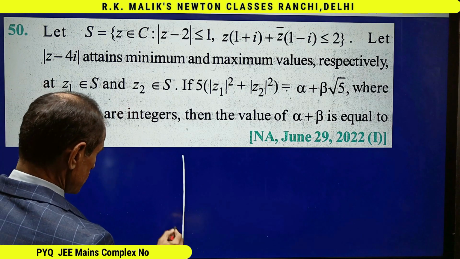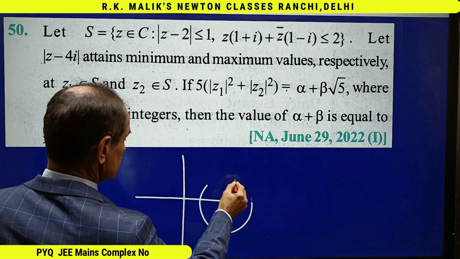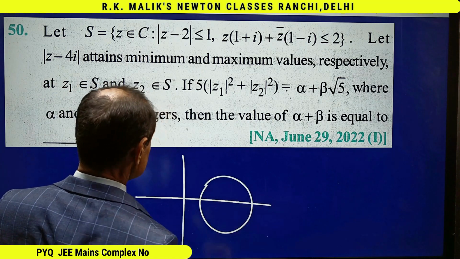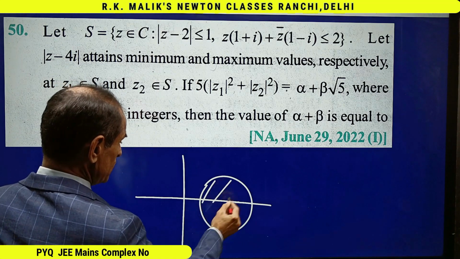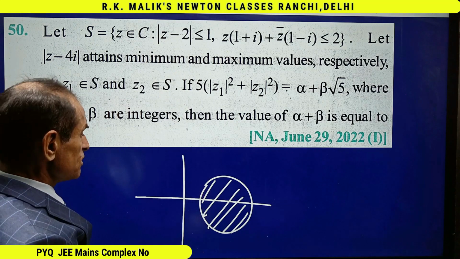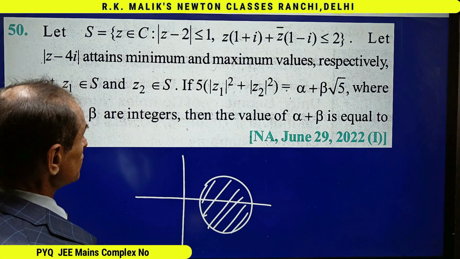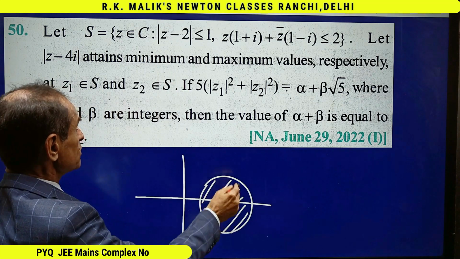That is, if I draw the diagram, this will be the set of all the points and its interior also, which will satisfy this inequation. That is, I can say this inequation represents a disk.